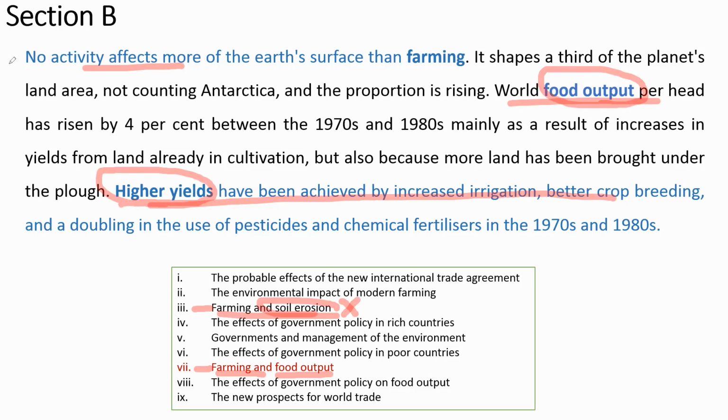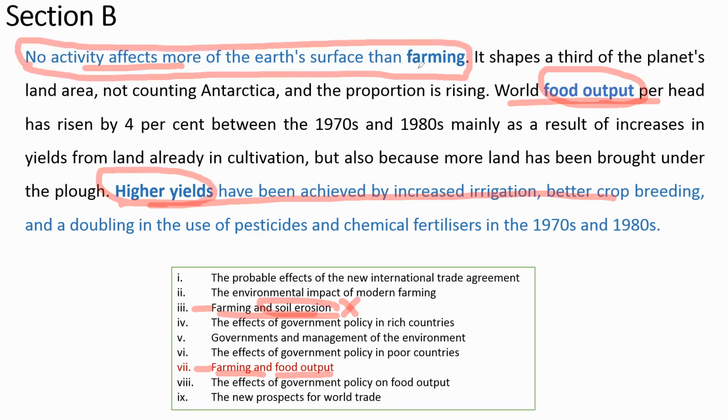And also please be aware that this sentence structure is a bit different because we don't have farming at the very beginning of the sentence, but instead: no activity affects more of the earth's surface than farming. If you are to paraphrase or reformulate this sentence, you could place farming at the very beginning, because it is farming that affects more of the earth's surface.